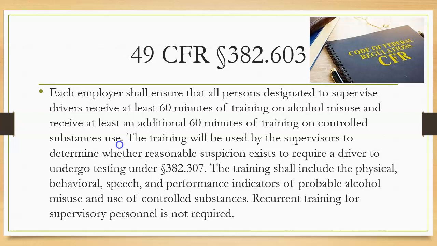The training will be used by the supervisors to determine whether reasonable suspicion exists to require a driver to undergo testing under Section 382.307. The training shall include the physical, behavioral, speech, and performance indicators of probable alcohol misuse and use of controlled substances. Recurrent training for supervisory personnel is not required.